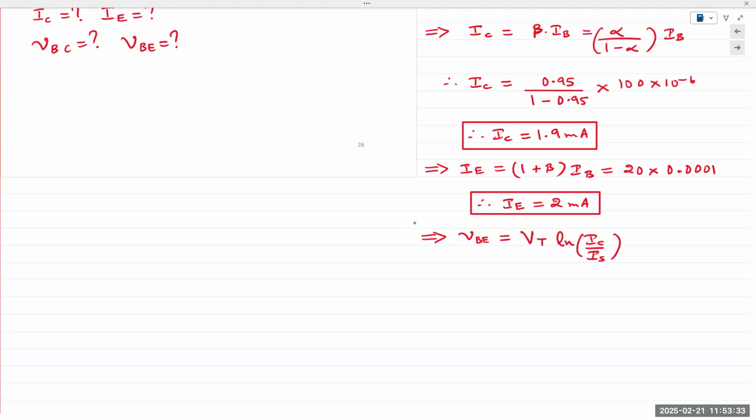So 0.025 times the log of 1.9 milliamps over our saturation current of 10 raised to minus 16. And our VBE comes out to 0.764 volts.